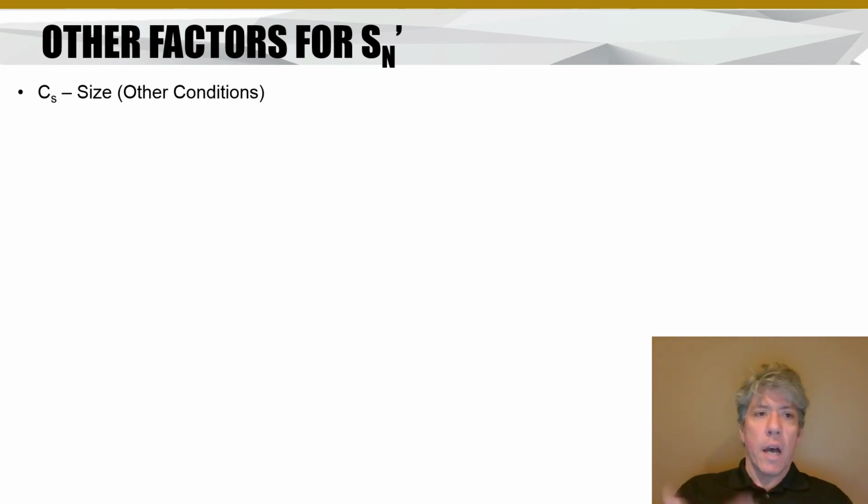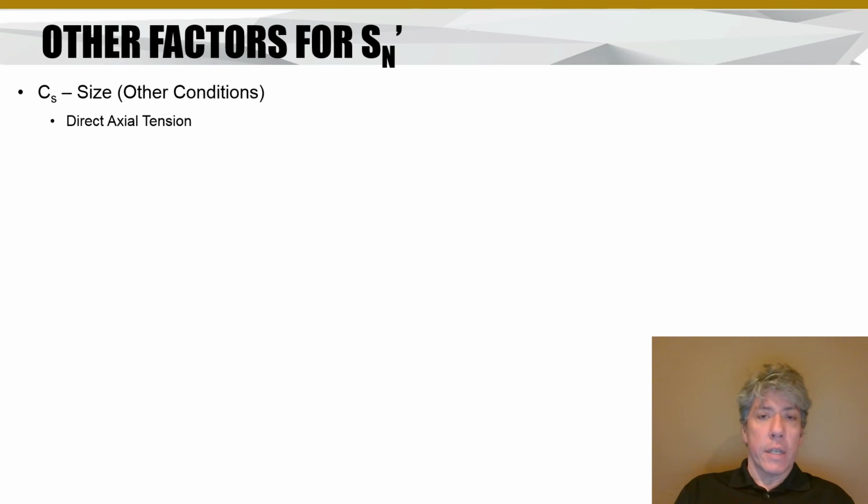There are yet other size factor conditions. What if the type of loading on the part is direct axial tension? Well, the idea behind the size factor was that there would be a stress gradient, a change in stress versus change in position.